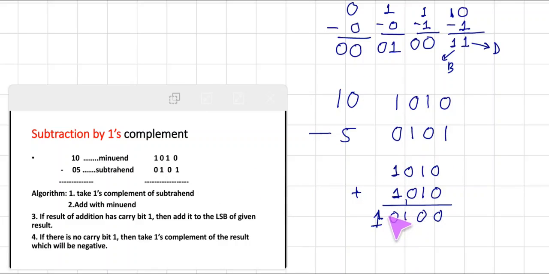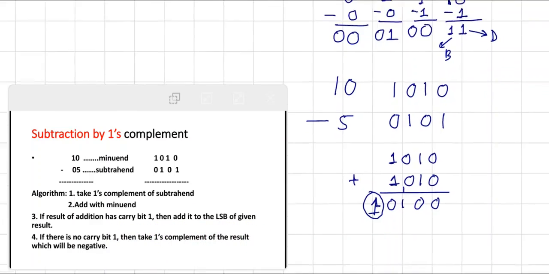Remember that. But here we are getting a carry, which is represented by 1. So if the result of addition has carry bit 1, then add it to the LSB of the given result.